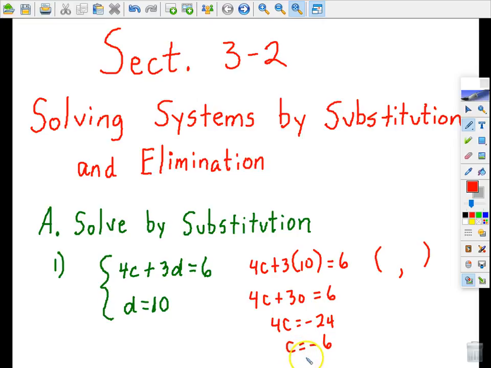If you're given other variables besides x and y, just think alphabetically. C comes before D, so this would be the C of my ordered pair, -6, and the second number of the ordered pair would be D, which is 10. So this would be my answer as an ordered pair for this first example.